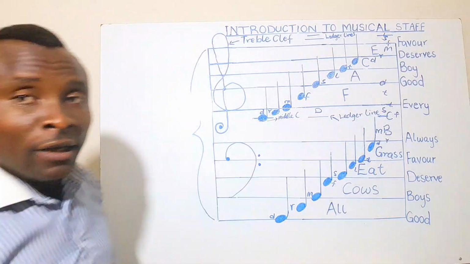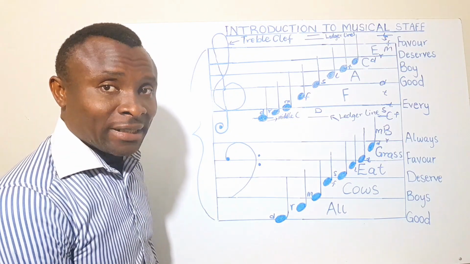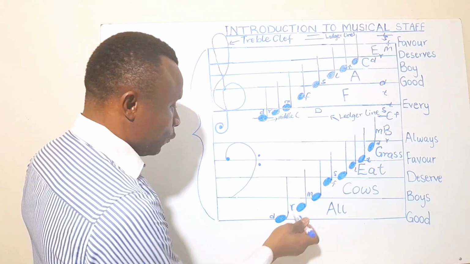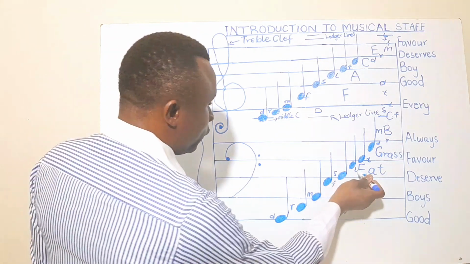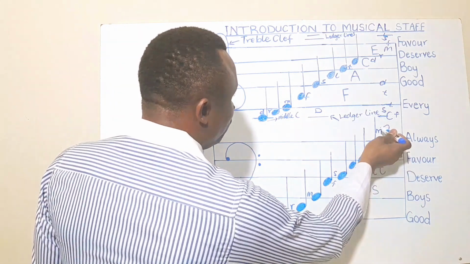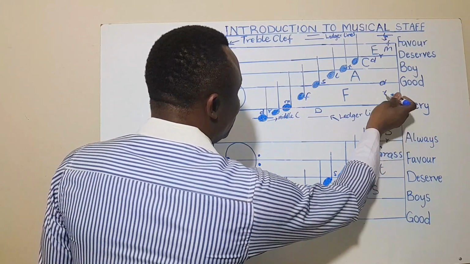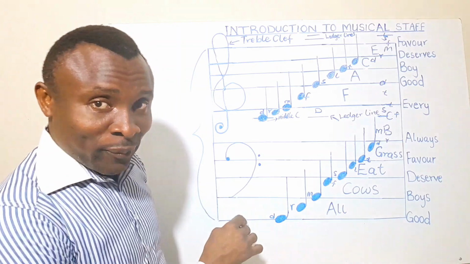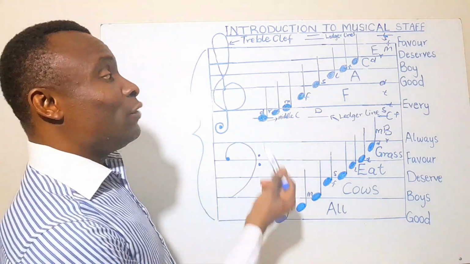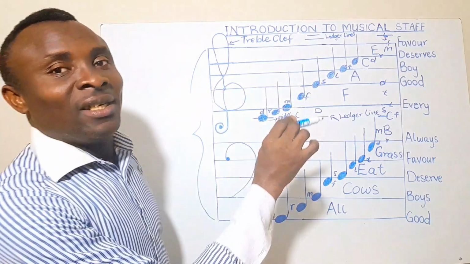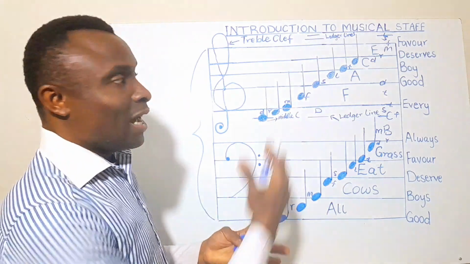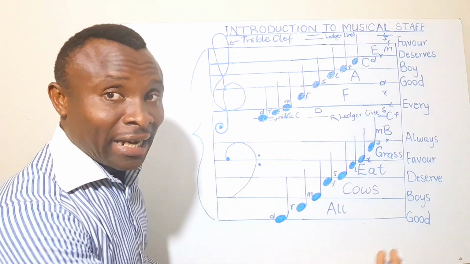So let's run the scale of G from the Bass Clef up to the Treble Clef. Let's go. Do, re, mi, fa, sol, la, ti, do, re, mi, fa, sol, la, ti, do. So you see that we started from the G of the Bass Clef and we landed on the G of the Treble Clef, which shows you that there is a connection between the two, despite the fact that their formulas are different for the lines and spaces.